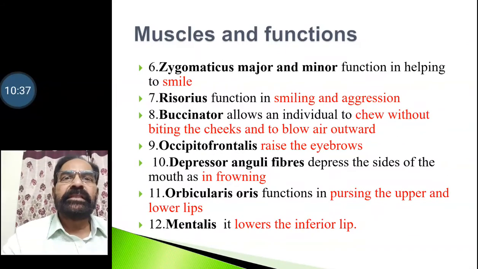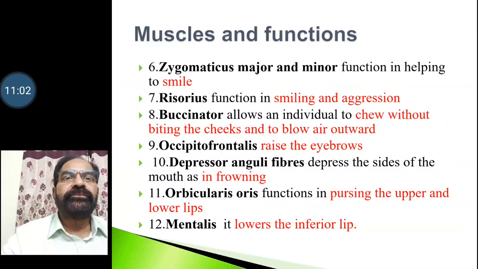Then risorius, another muscle, whose function is in smiling and also aggression. Buccinator allows an individual to chew without biting his own cheeks and to blow air outward. The occipitofrontalis helps to raise the eyebrows.